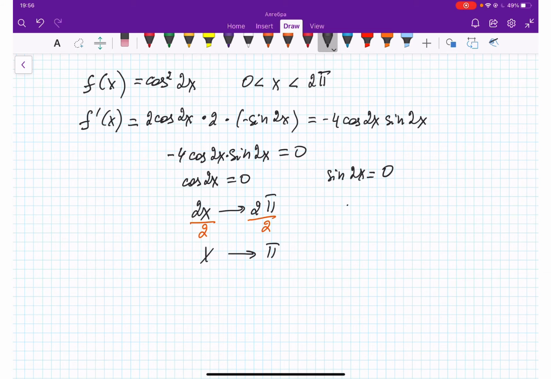Okay, let me graph this cosine 2x so we can see how it works. I would start with graphing cosine x.